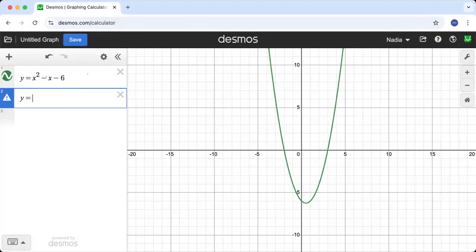But if we have the same equation, but this time with a negative x square term, then you can see that our parabola is negative.